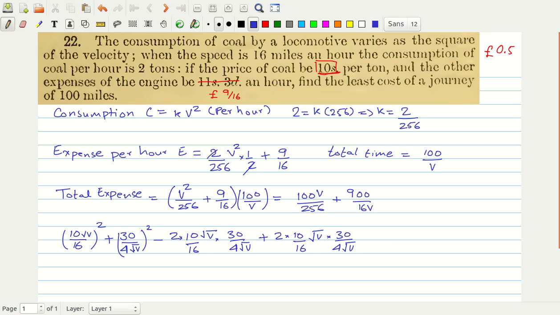Correct? Now what is this expression from here to here?